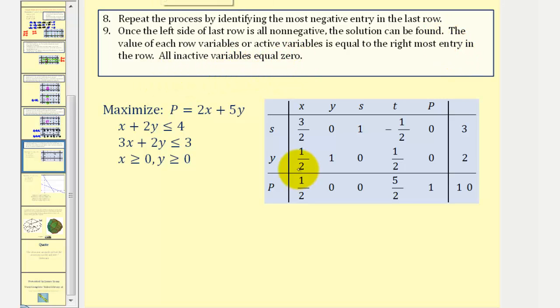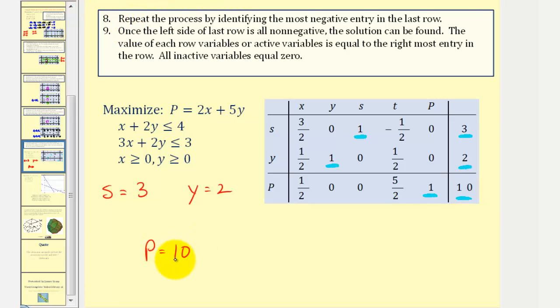So again, looking at the tableau, notice how S is active, which means 1S or S equals 3. And looking at the column Y, Y is active, it's also labeled here, 1Y equals 2. So we know that S equals 3, Y equals 2, and also P is active, P equals 10.